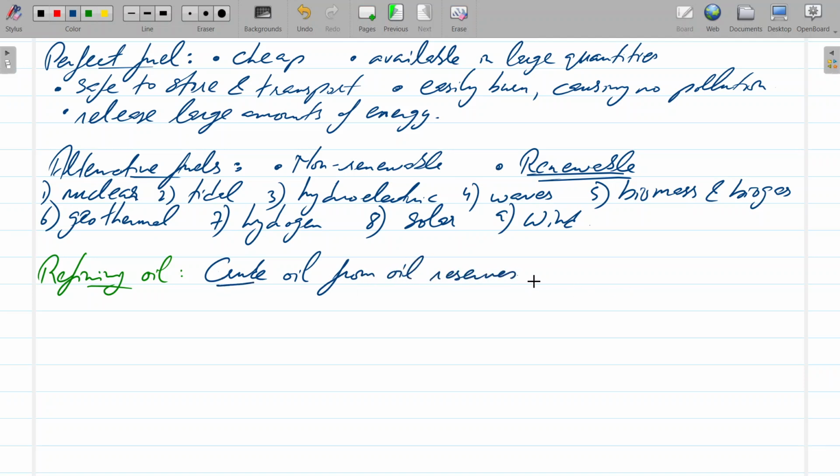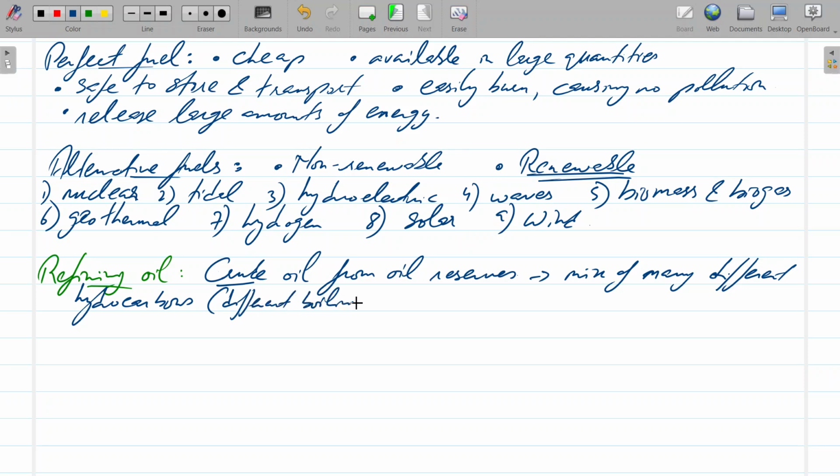And the reason it's called crude oil is it is a mix of many different hydrocarbons. So many different molecules, organic molecules, right? And they differ in their boiling points. And their boiling points differ because of the different sizes of the molecule.